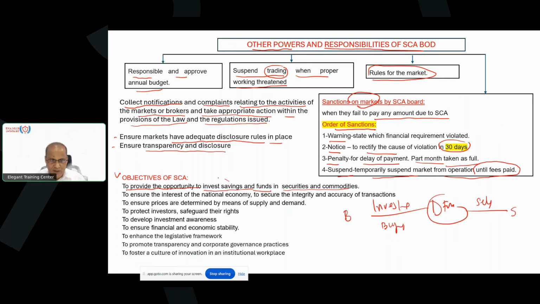This money rotation is done through the market. That's what it means to provide an opportunity to invest savings. As a buyer, you are buying the stock using your savings. That investment opportunity is provided by the market, and the market is also controlled by the SCA. Clear?